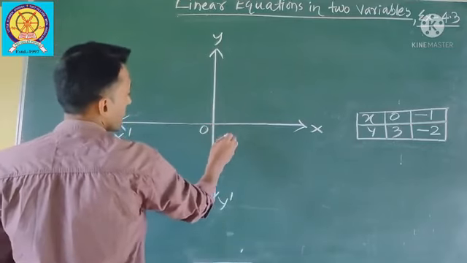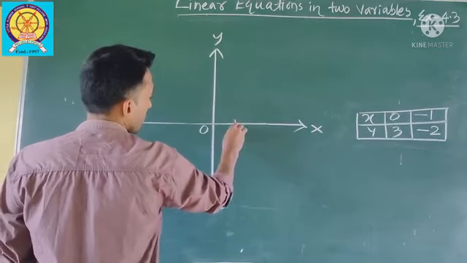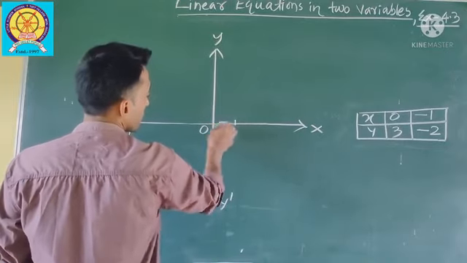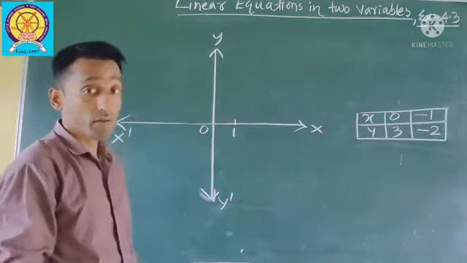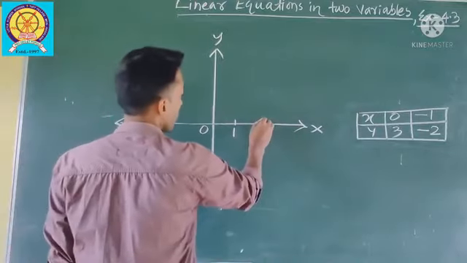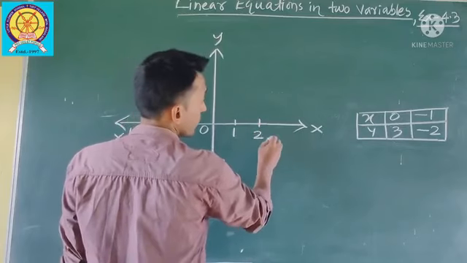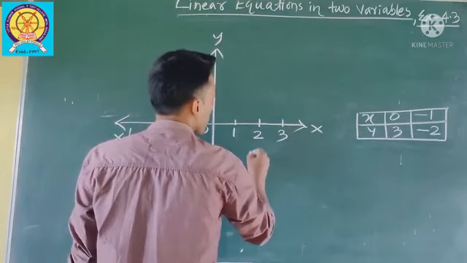This is the origin. You make units now on your graph paper: take 10 small squares equal to 1 unit. 1, 2, 3.